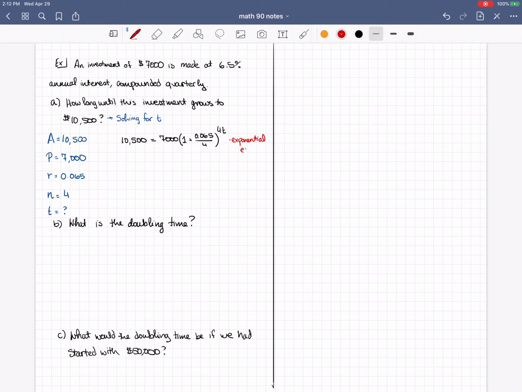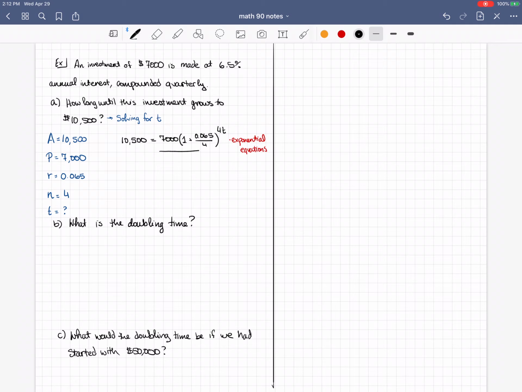Now, we didn't see any equations identical to this yet, but we've seen equations very similar, and so I'm kind of hoping that looking at this, you realize, I need to isolate the exponential piece and then solve it by taking a log of both sides.